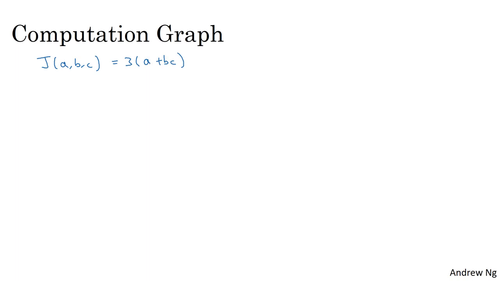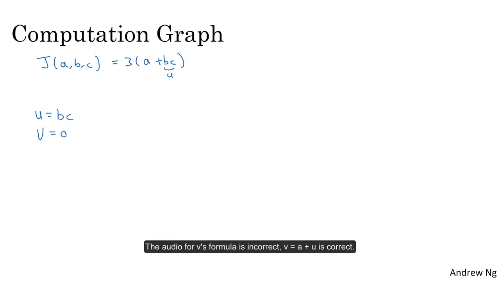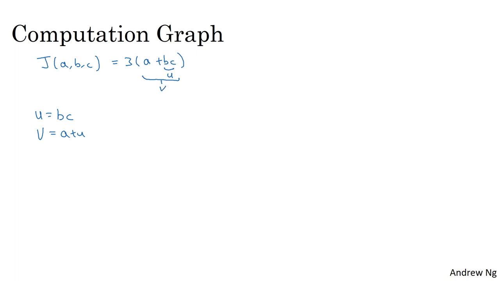The first is you need to compute b times c, and let's say we store that in a variable called u, so u is equal to b times c. Then you might compute v, which is equal to a plus u. And then finally your output J is 3 times v, so this is your final function J that you're trying to compute.